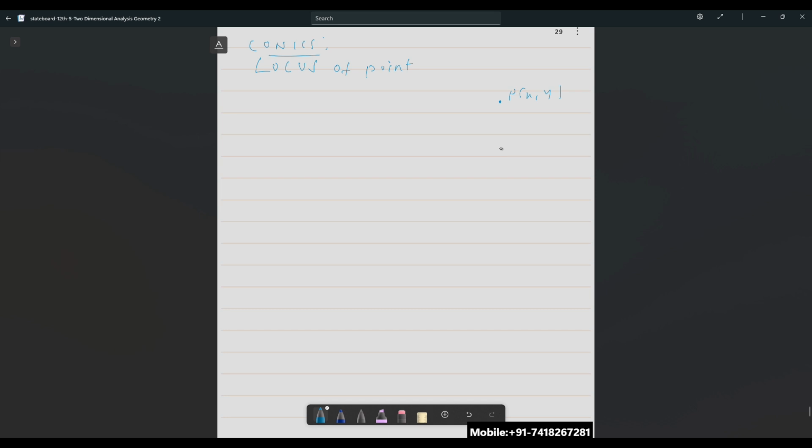There will be a fixed point, and there will be a fixed line.